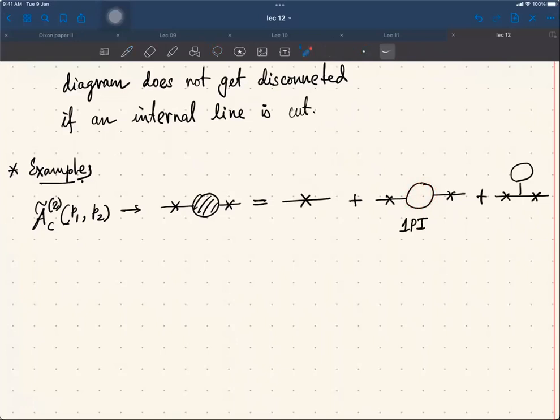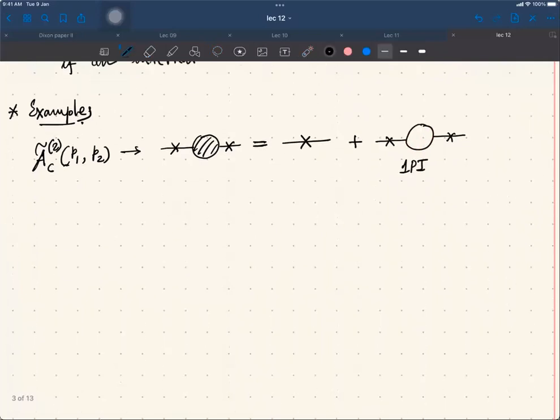In this diagram, if you cut here, then of course it gets disconnected. In fact, this diagram should not be there if there is no tadpole, so I should not draw this diagram. So I remove this. Then you have a diagram like this.